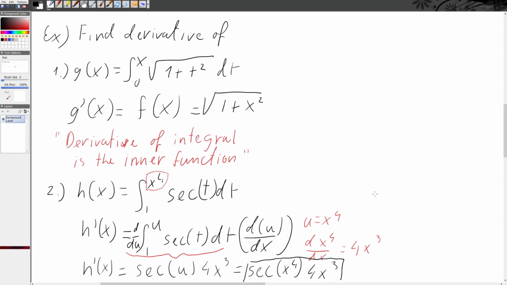So for number 2, there's actually a more general formula that you can follow. You can think of it as the following.